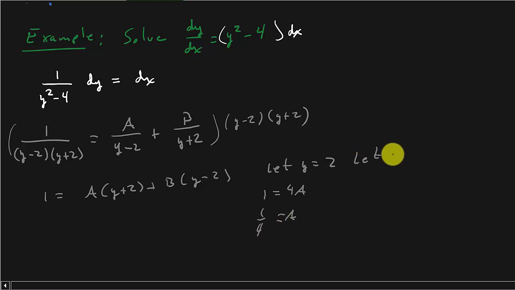Then we let y equal negative 2, so that goes to 0, and that gives me 1 equals negative 4b, and so b is equal to negative 1/4. So basically, I can rewrite this as 1/4 over y minus 2, minus 1/4 over y plus 2. And there's your partial fractions.